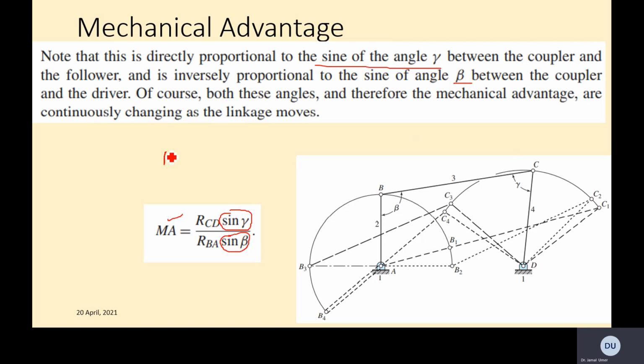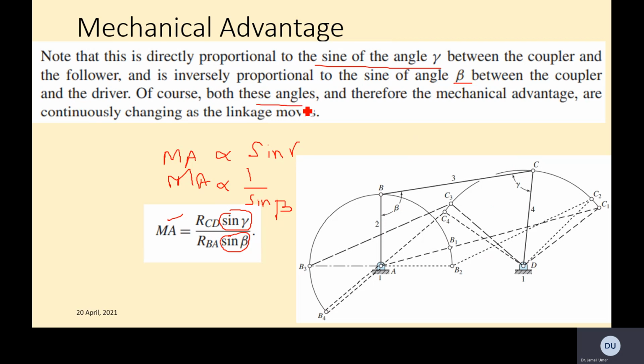If I write it, MA is directly proportional to sine of gamma, and inversely proportional to sine of beta.